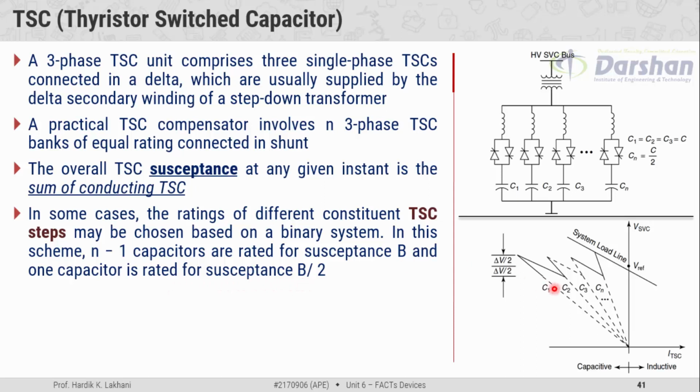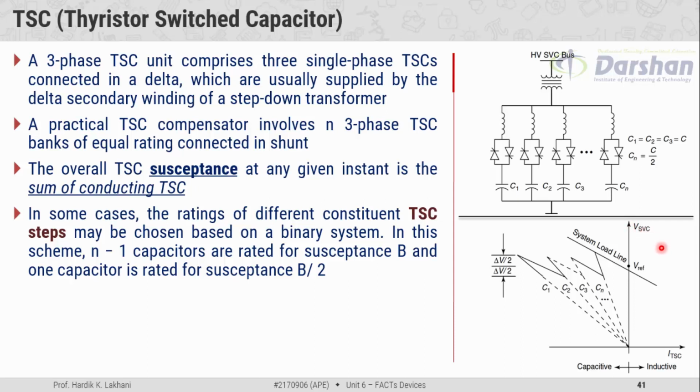If we look at the VI characteristic of the TAC, then on the x-axis, as usual, is the current flowing through the TAC, and on the y-axis the voltage across the compensator, that is TAC, VTAC. And as I said earlier, the TAC is a part of SVC.